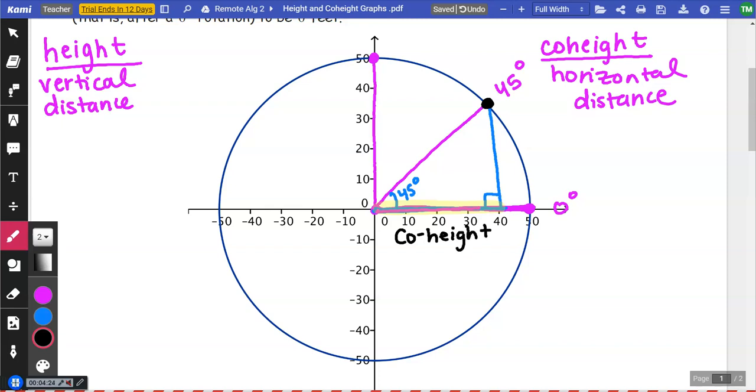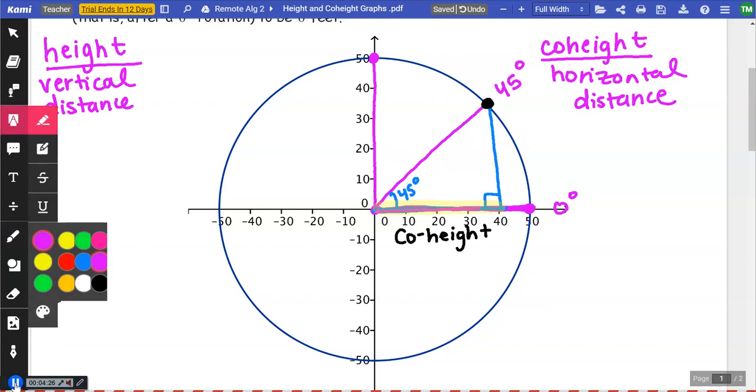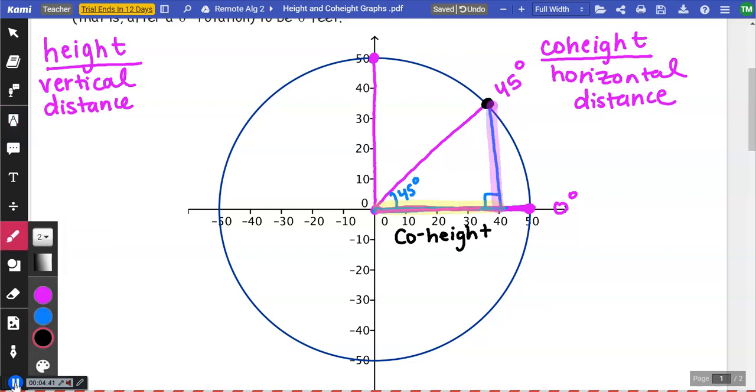And then this distance here, from the x-axis up to this point that was created by our 45-degree angle using the x-axis as our initial side, is our height because it's our vertical distance. So this is our height.